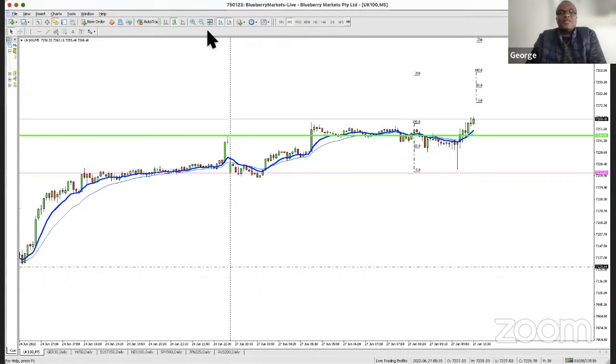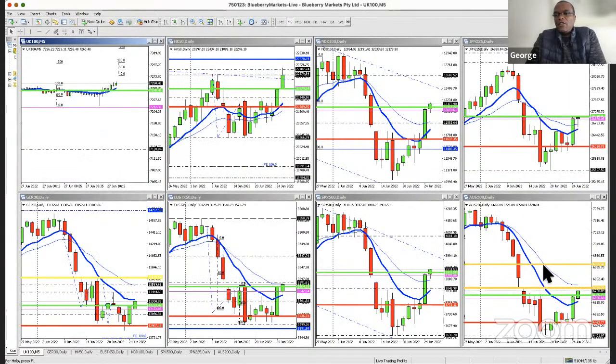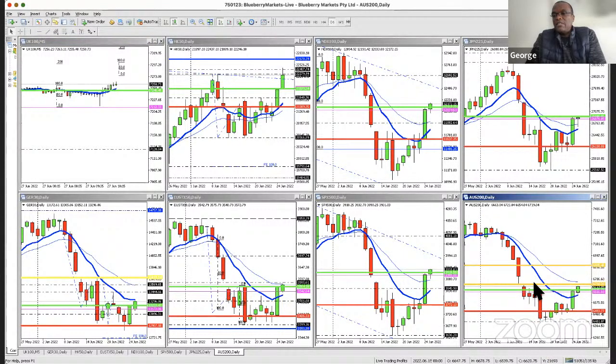Let me just show you what I mean by, let me just see, I'm putting all the charts back up again. If you ever look, this is Aussie 200 here. Okay, so these levels, when I drill down to the 5 minute, these levels in gold here are very key for me, but they're not occurring today.